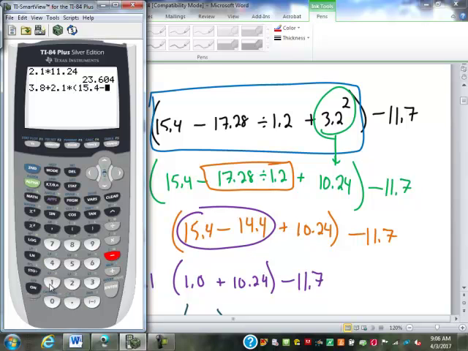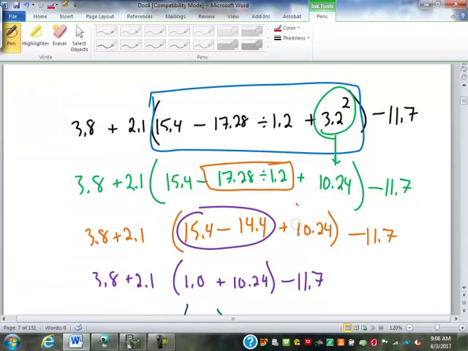15.4 minus 17.28 divided by 1.2 plus 3.2 squared, close parentheses, minus 11. Did I miss a digit somewhere? Yes, I did. The 1 didn't go in there, did it? There we go. 15.704. There it is.